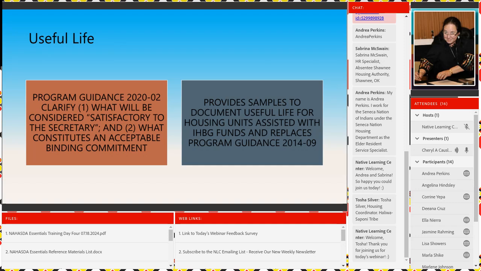It provides samples to document useful life for housing units assisted with block grant funds, and it replaces Program Guidance 2014-09. 2014-09 is still applicable. 2020 has things that address like FHA and other things, but there's good examples in this other one. So oftentimes when I'm dealing with useful life, I use both guidances.